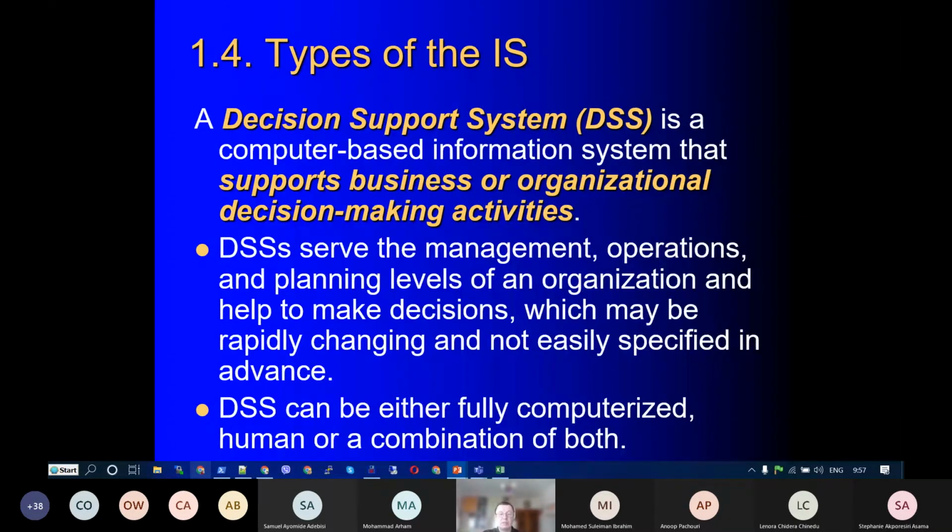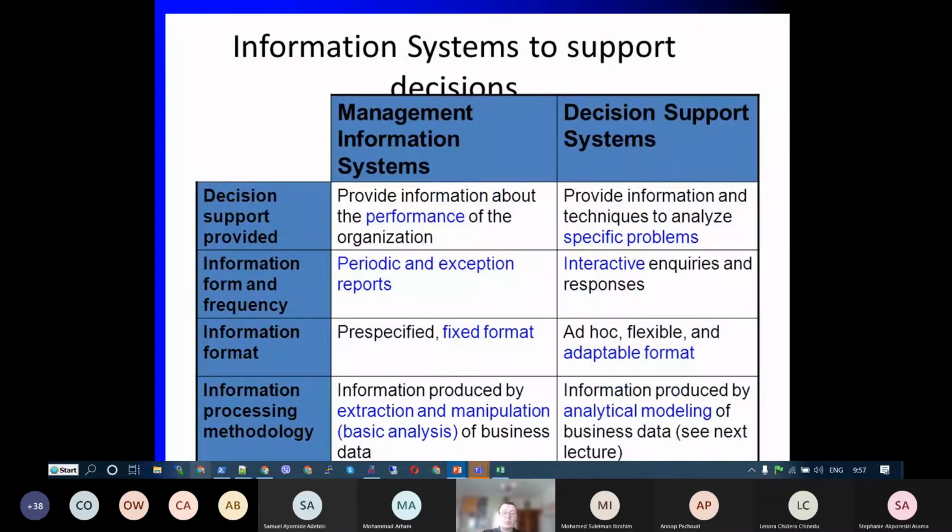So a decision support system is a computer-based information system that supports business and organizational decision-making activities. It serves management and operational planning levels of the organization, and how to make decisions which might be rapidly changing and not easily specified in advance. And here we have to point out some differences between management information systems and decision support systems.